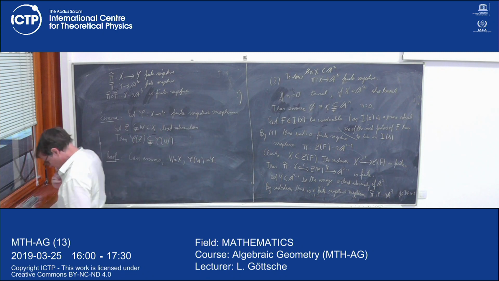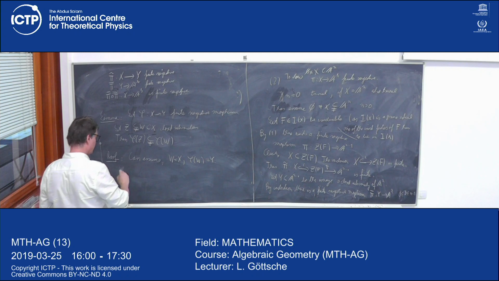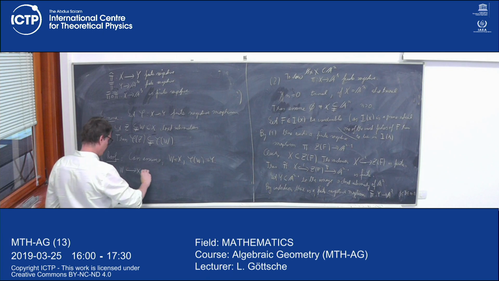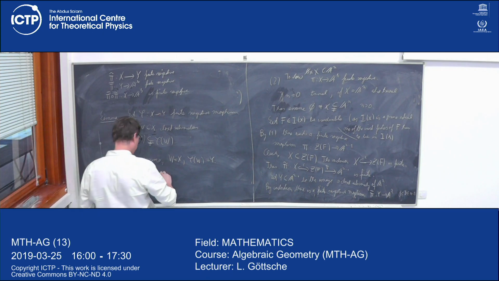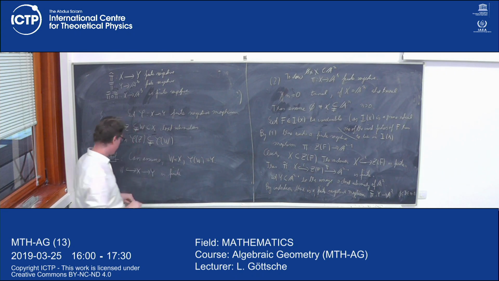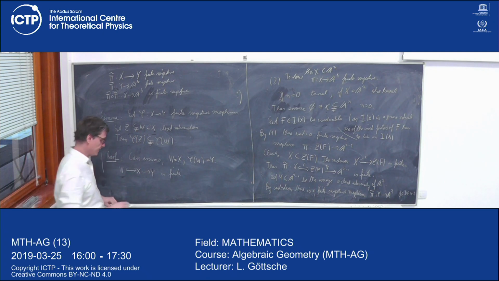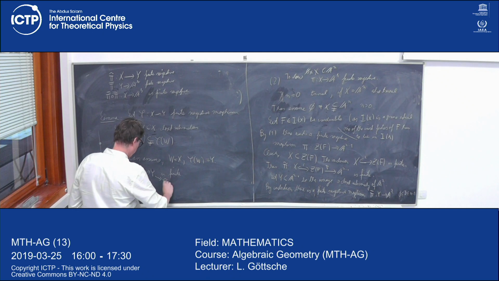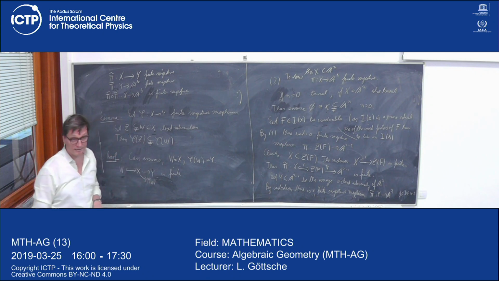What is that? Now the embedding, so if I take the map W inside X to Y, this is a finite map. And it's also finite if I instead let it go to the image phi of W. This map is also finite.